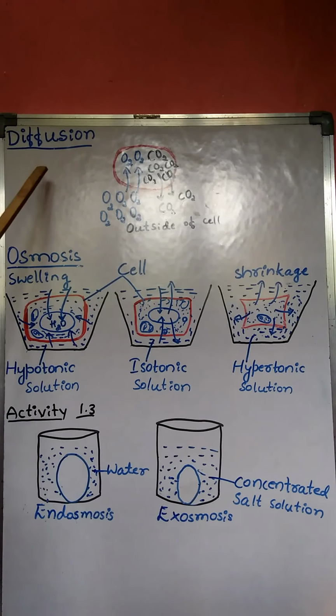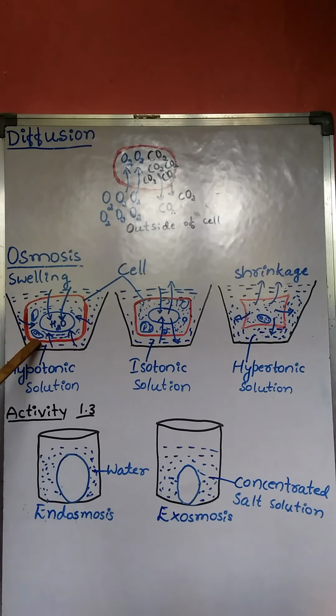And diffusion can take place in solids, liquids and gases, whereas osmosis takes place only in a liquid medium. And the diffusion process does not involve any semi-permeable membrane, but the osmosis process requires a semi-permeable membrane.